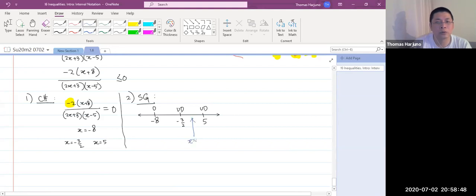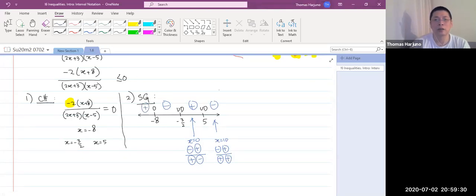When x equals 0, then I will get negative 2 times 8 over positive 3 times negative 5. That's positive here. And then let's say you test x equals 10, for example, then it will be negative 2 times positive over positive times 5. That's a negative here. So on and so forth.